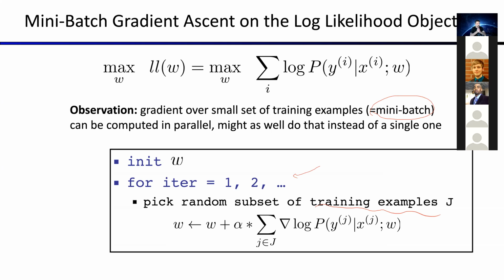If you select a larger batch for this procedure, you calculate this gradient obviously more accurately. If you select a smaller batch, this calculation would be noisy, but would be a lot faster.